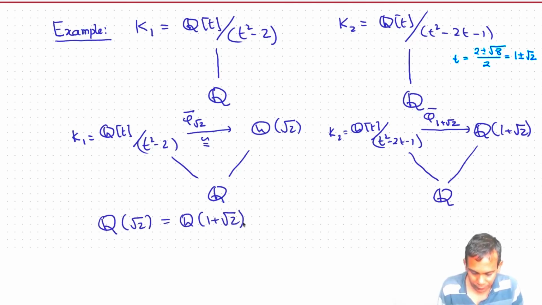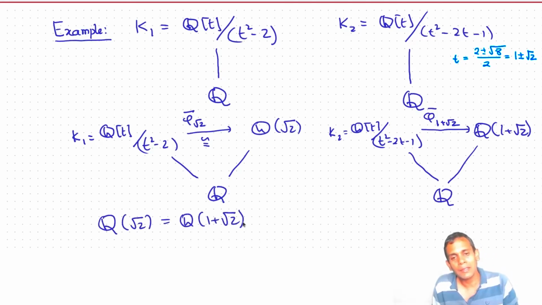But of course, Q(root 2) is the same as Q(1 plus root 2). Why is that? Well, if you have a field that contains root 2 and it contains Q, then it must contain 1 plus root 2. Conversely, if you have a field that contains 1 plus root 2 and contains Q, then it must contain root 2. So these are actually the same. Every field that contains Q and root 2 is also a field that contains Q and 1 plus root 2 and vice versa.